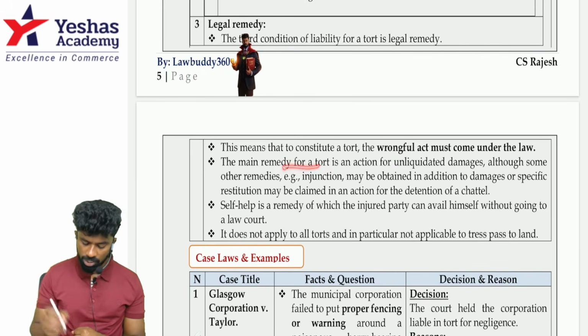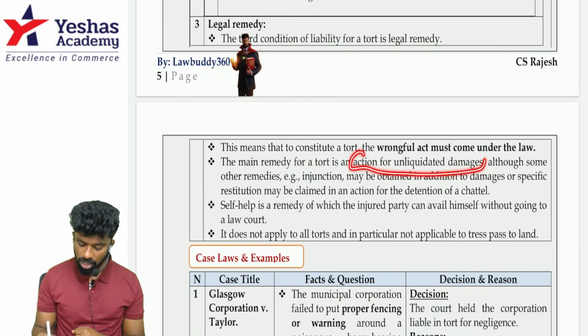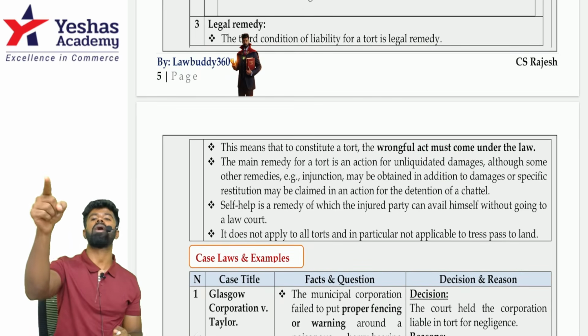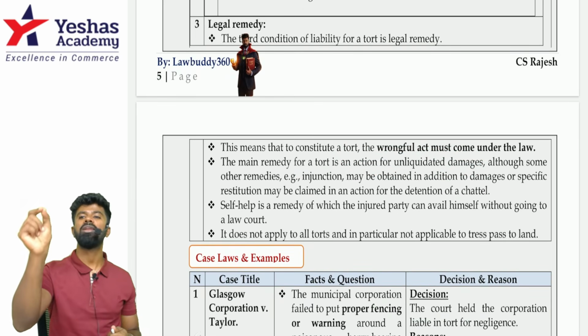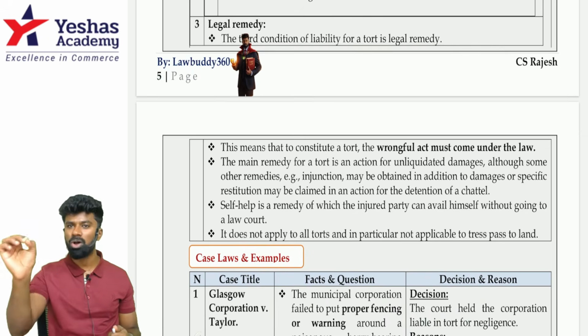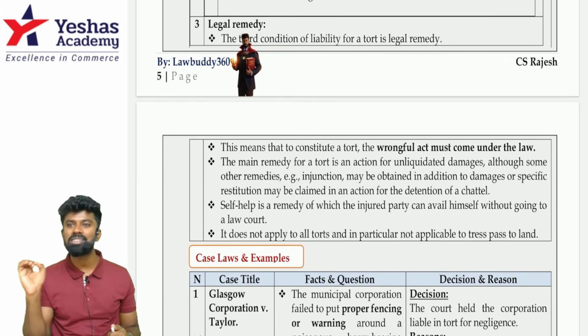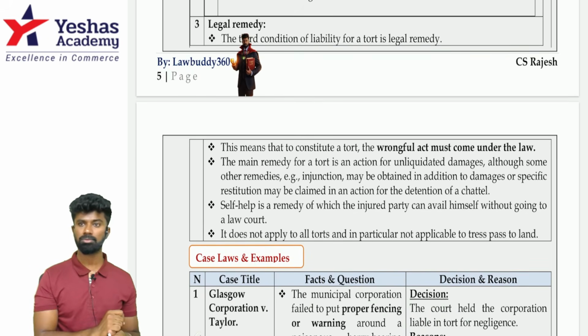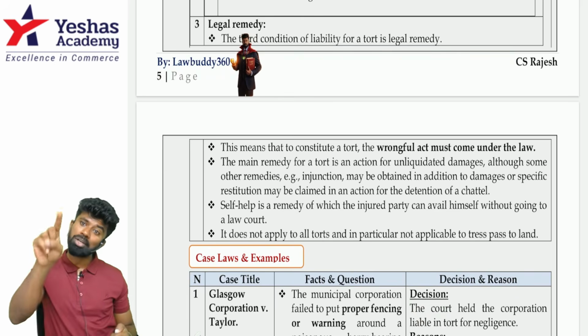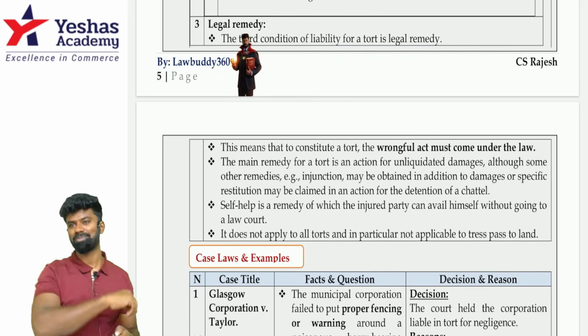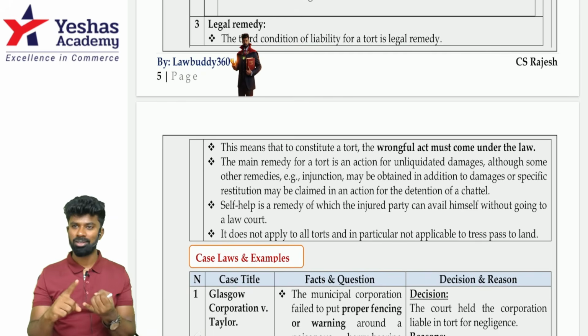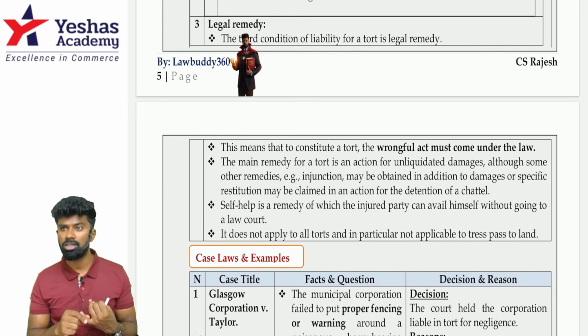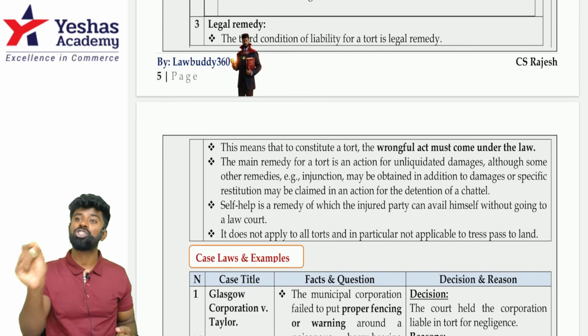The main remedy for a tort is an action for unliquidated damages. Keep this in mind. But in addition to that, the court may also give some other remedies like injunction, specific restitution of property.